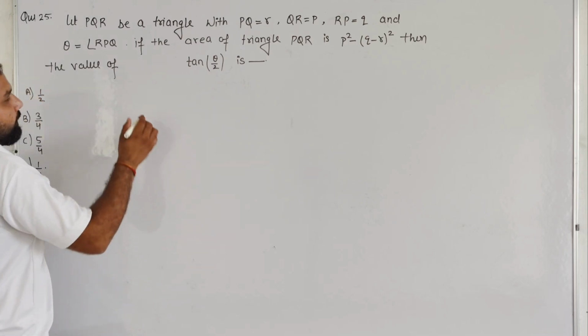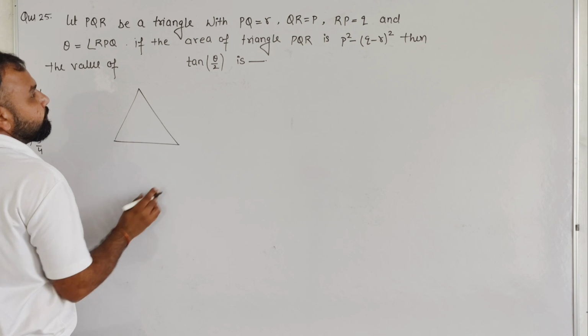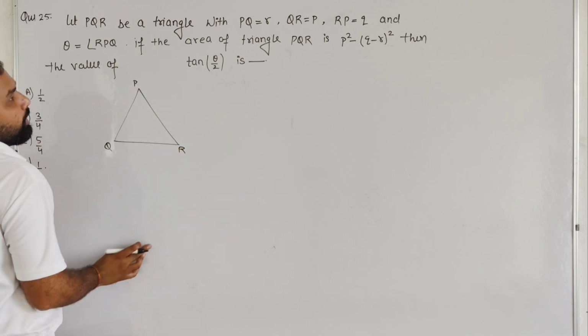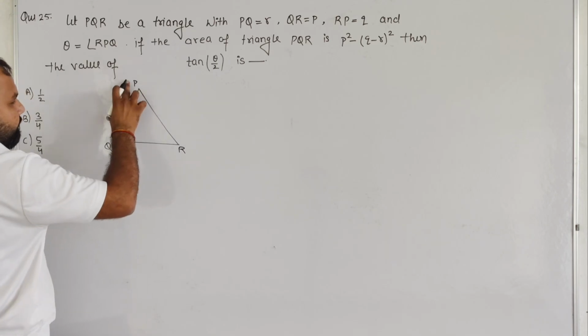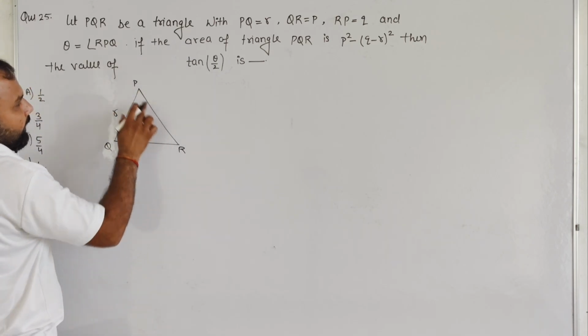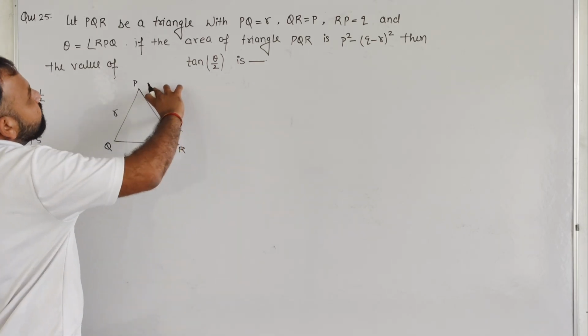So student, basically, there is a triangle in which the vertices are P, Q, R, and PQ is r. Basically, this distance is r. RP is q, this distance is q, that means this side is q.